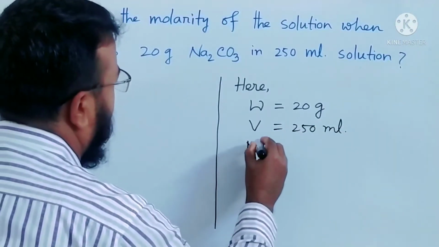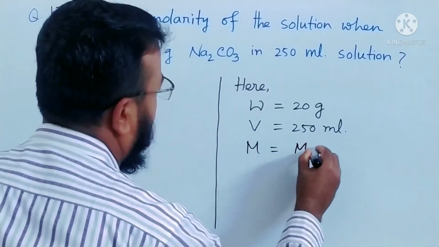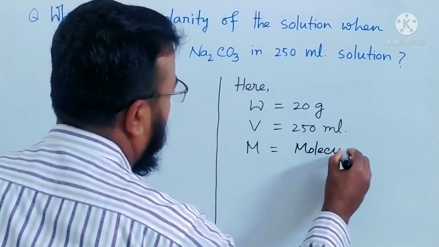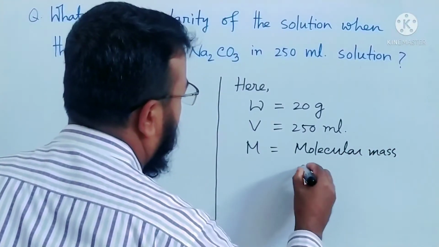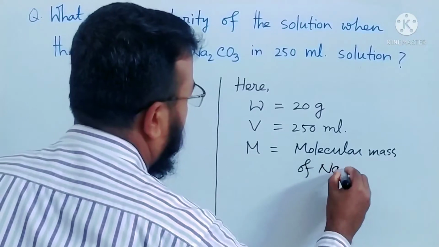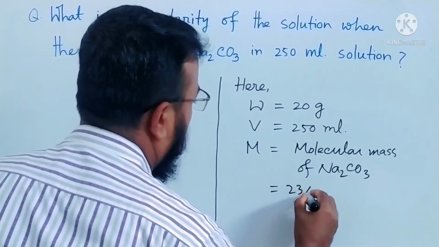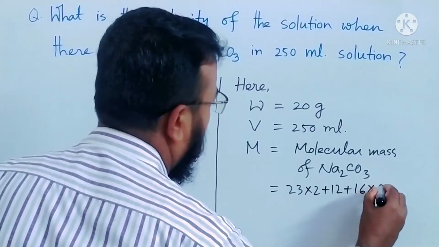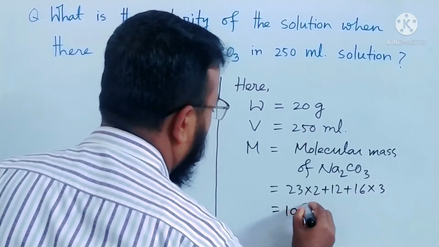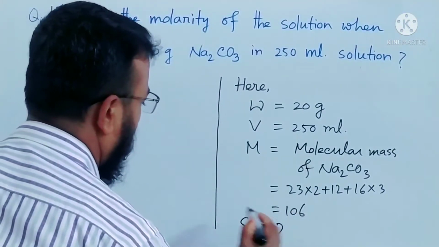And molecular mass of sodium carbonate equals 23 into 2 plus 12 plus 16 into 3 equals 106. So we have to find out the molarity of the solution.